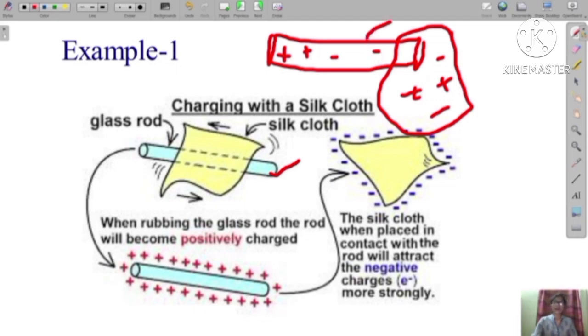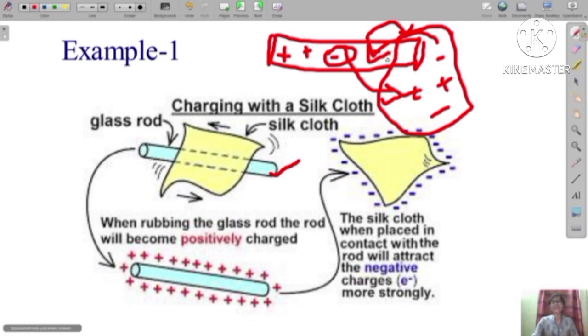When these two are rubbed against each other, then what happens? Some of the charges from this glass rod will transfer to the silk cloth, as I told you in the previous class. Similarly, some of the charges from the silk cloth will transfer to the glass rod.